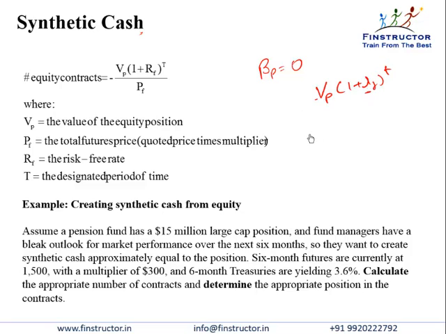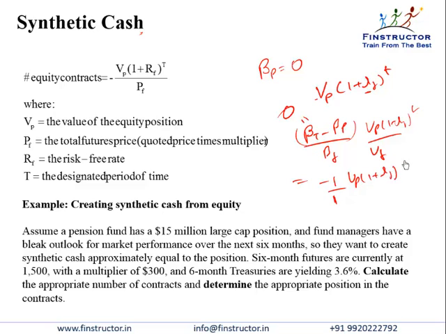then the number of contracts needed to make a target beta equal to 0 can be calculated as minus beta of the portfolio, which we will assume to be 1 since it's an indexed portfolio, upon the beta of the futures, which can also be assumed to be 1 since it's an index futures, into VP into (1 plus RF) to the power T divided by the value of one futures contract.